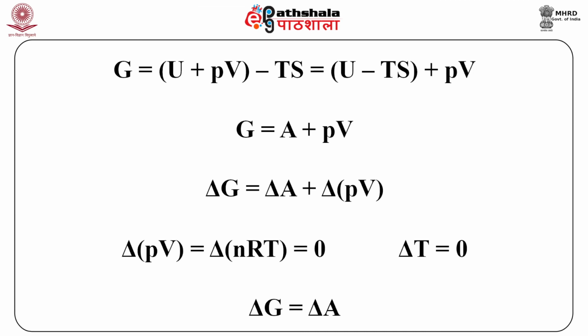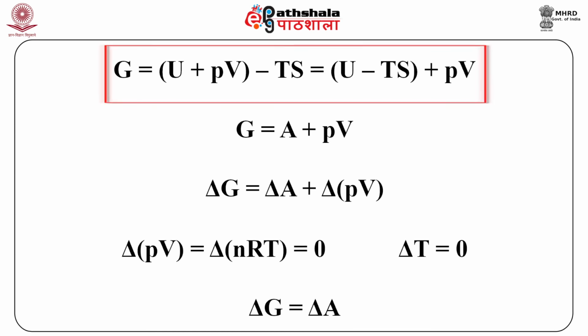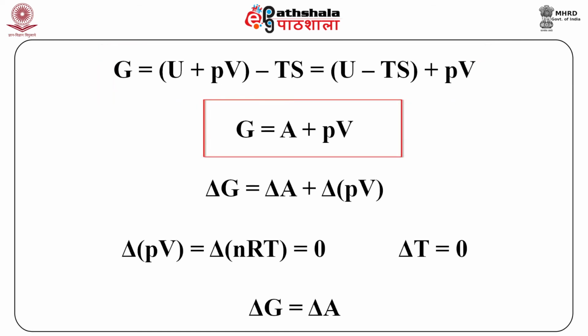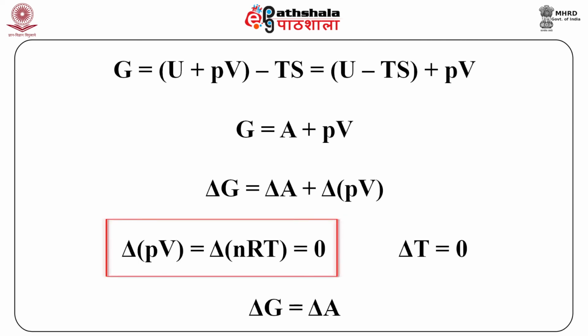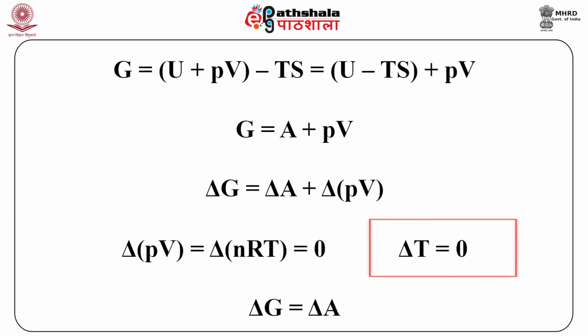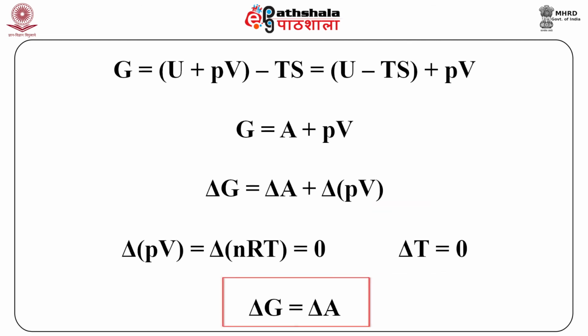Substituting this enthalpy in the expression for G, we get G equals U plus PV minus TS, or U minus TS plus PV, or G equals A plus PV. Thus, for the process, delta G equals delta A plus delta PV. For an isothermal expansion of an ideal gas, delta PV equals delta nRT equals 0, as delta T is 0 for an isothermal process. This gives delta G equals delta A.